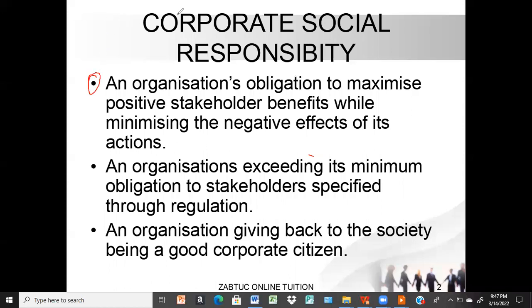An extension of that story is corporate social responsibility. So let us say in almost every exam, you have seen a bit of a question touching on corporate social responsibility because it's part of good governance, it's part of strategic management, it's part of risk management as well. So let us run through the concept of corporate social responsibility.